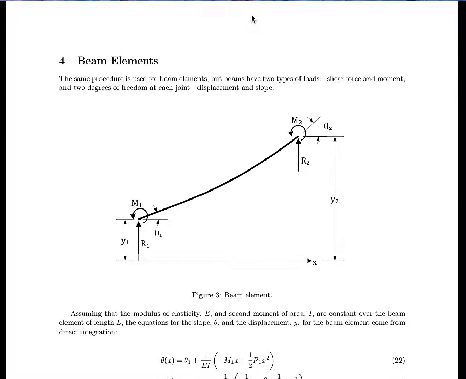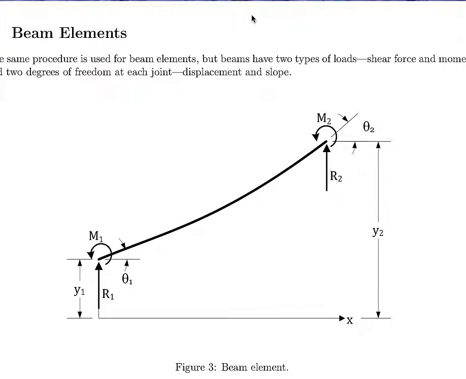What you can see here is a general beam element. It has a reaction R1 on the left node and a moment M1 on the left node. And then it has also a reaction R2 on the right node and a moment M2 on the right node. Correspondingly, from the slope, we can get a rotation theta 2 and a rotation theta 1.